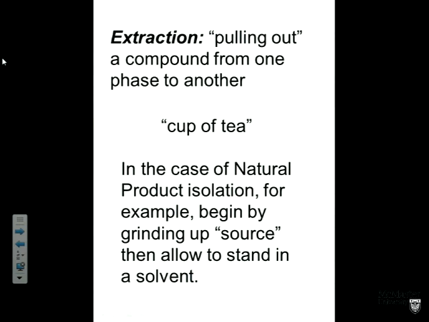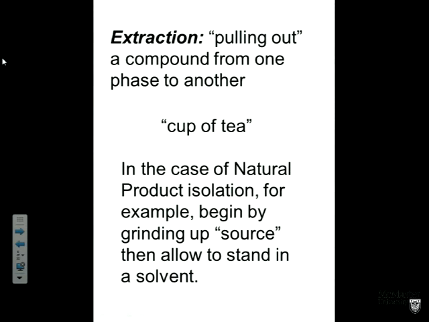Basically, we're going to pull a compound out of one liquid phase into a different liquid phase. So we're going to have an organic phase that will dissolve organic compounds, and usually an aqueous phase that will dissolve water-soluble compounds. And so compounds will go into one layer or the other, and we have effectively got a very crude separation of compounds into two categories: the ones that are water-soluble and the ones that are organic-soluble.